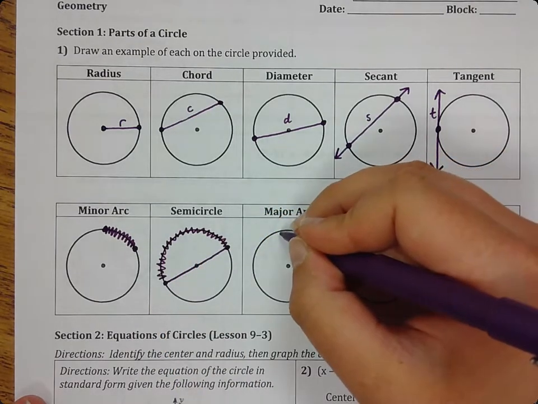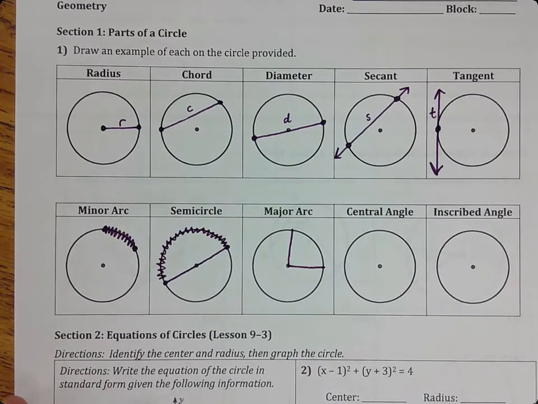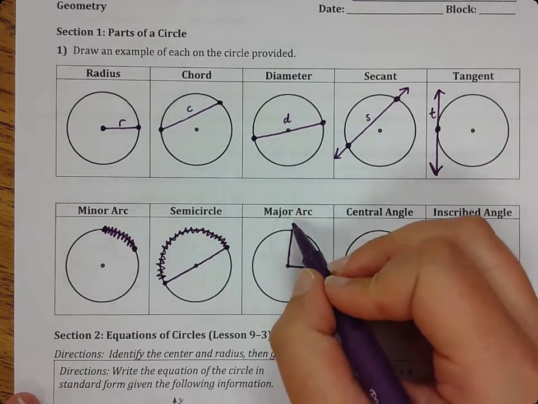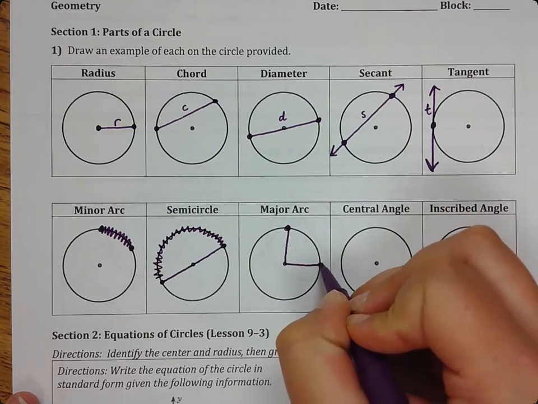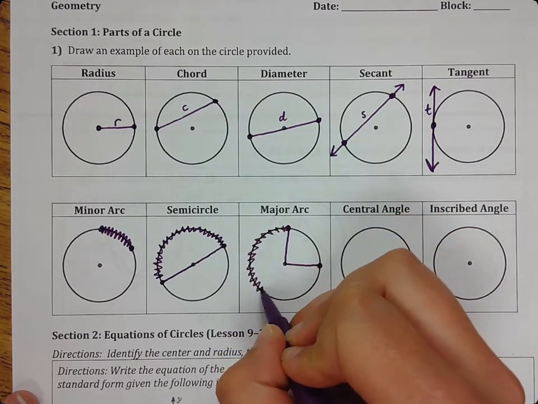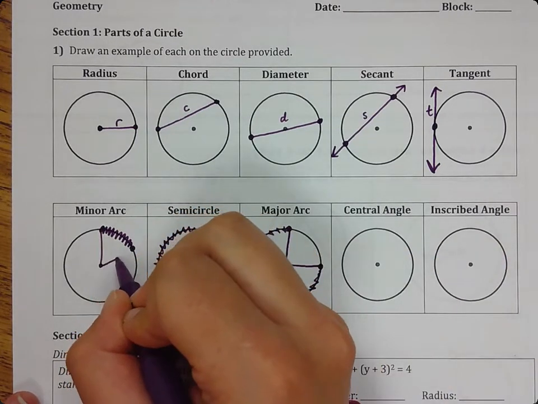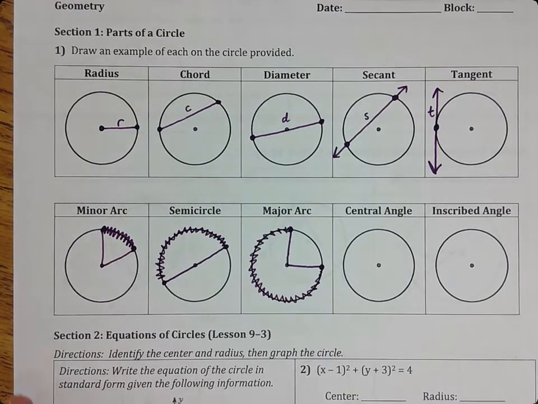A major arc is an arc that is greater than 180. So for this example, if I had these 2 points labeled here, the major arc is this big arc right out here, as opposed to the minor arc connecting those two.